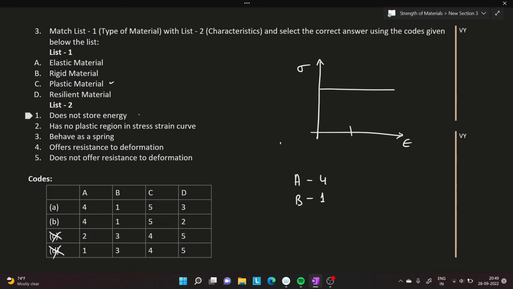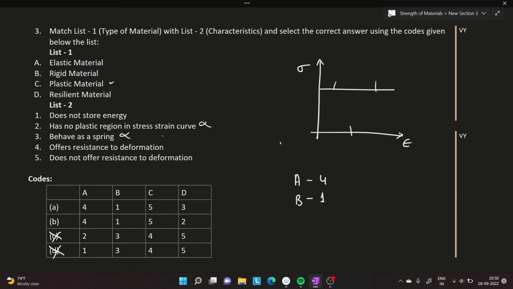Let me come back to the options. Does not store energy, it is going to be false. We have already utilized this. Has no plastic region in the stress strain curve. All of this is a plastic region, meaning that if there is a deformation, it doesn't come back to its initial position, right? So again, this option is also ruled out. Behaves as a spring.